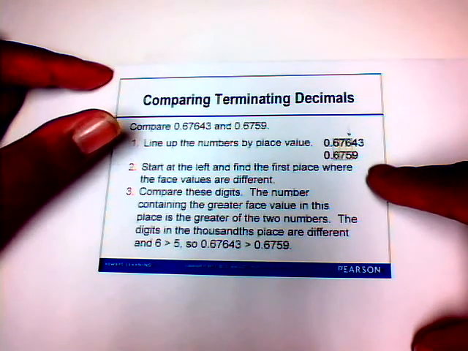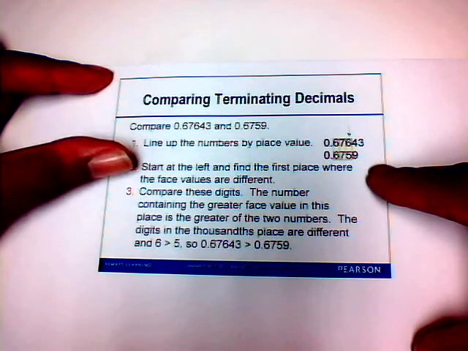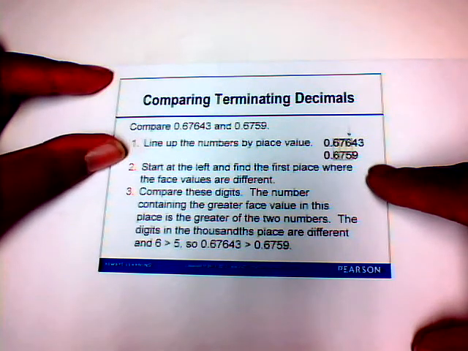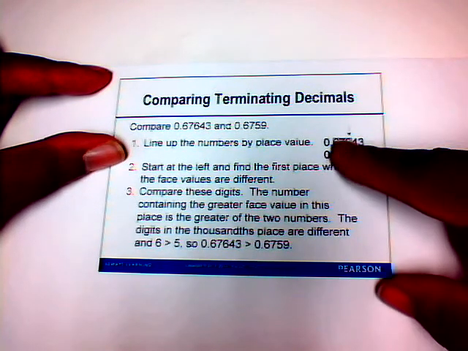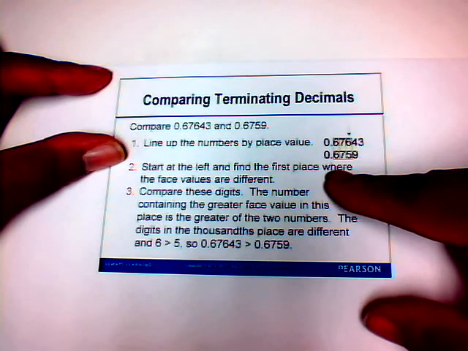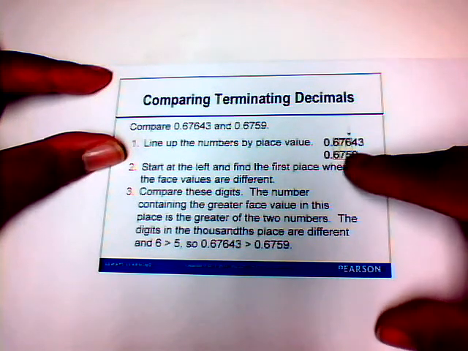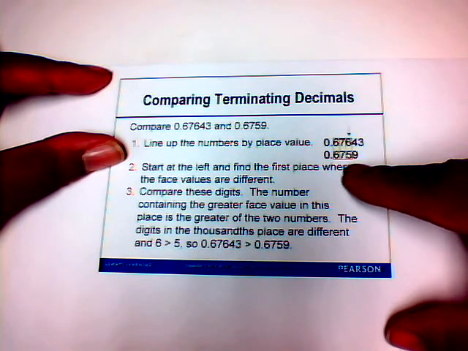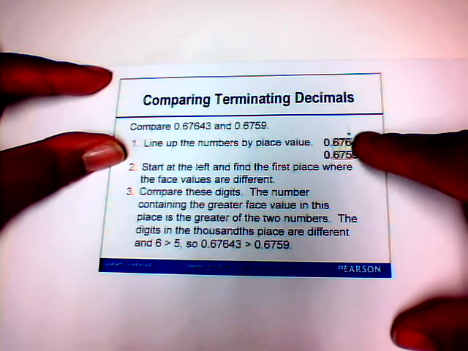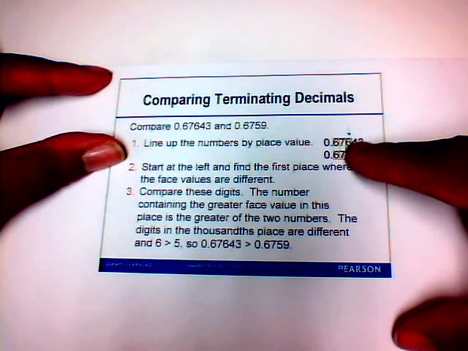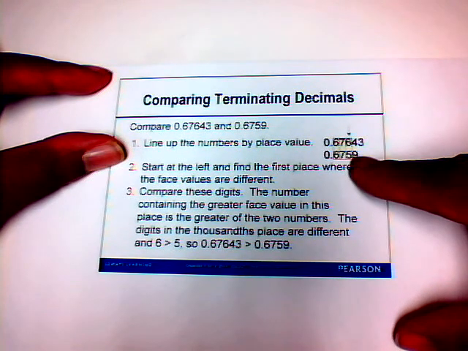You'll start at the left and find the first place where the face values are different. In this case, in the ones place, the zeros are the same. In the tens place, the sixes are the same. In the hundreds place, the sevens are the same. But then when you go to the thousands place, their face values are different. You have a 6 and a 5.